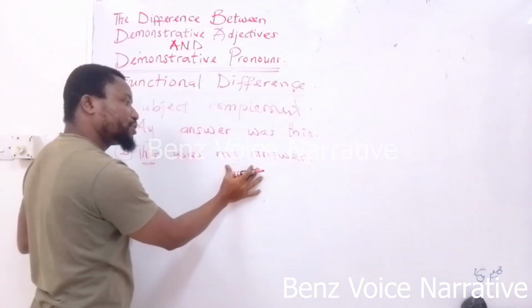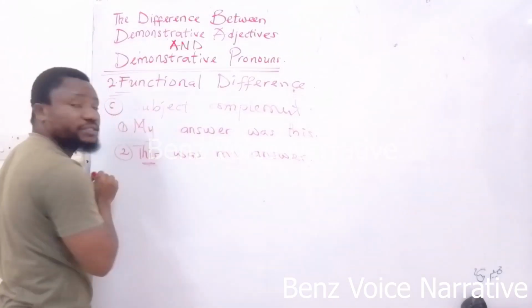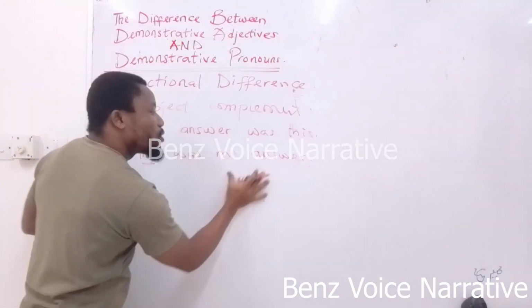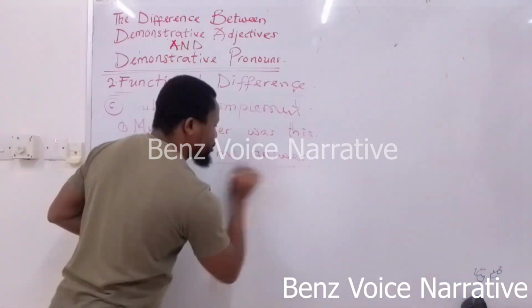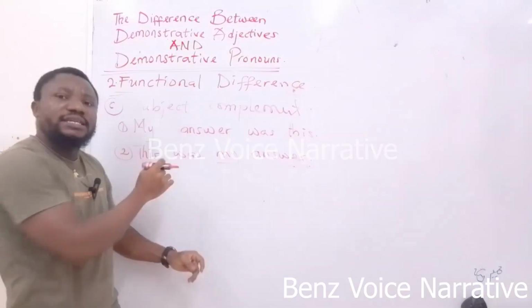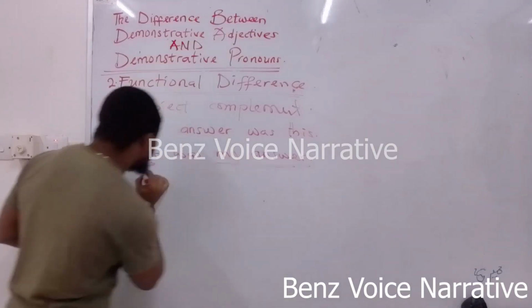We're talking about my answer. We're talking about this. What was my answer? This. What was this? My answer. Can you see that? So this is a demonstrative pronoun functioning as the subject of the sentence.